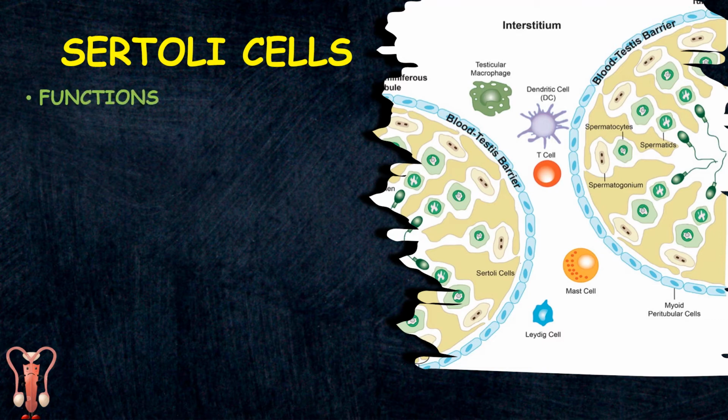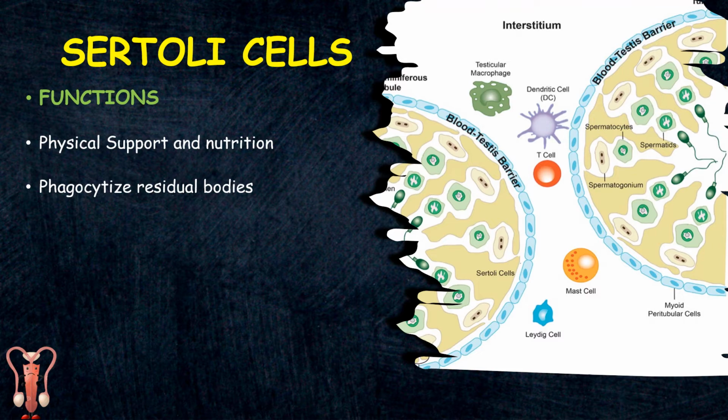Functions of the Sertoli cells. These cells provide physical support to the maturing germ cells, and they also nourish them, as they have more glycogen products, and they remove the waste products from the germ cells.